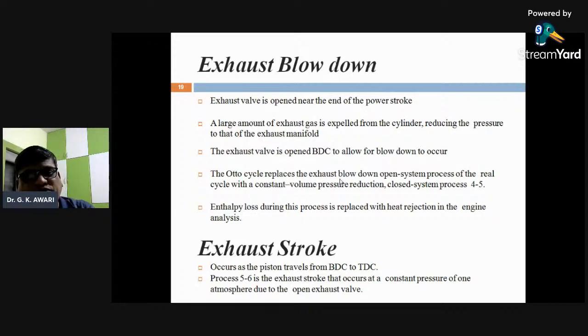Process 5-6 is the exhaust stroke that occurs at a constant pressure of 1 atmosphere due to the open exhaust valve.